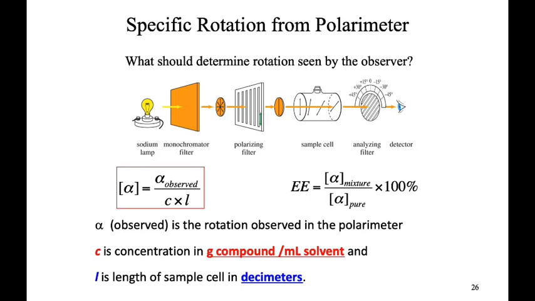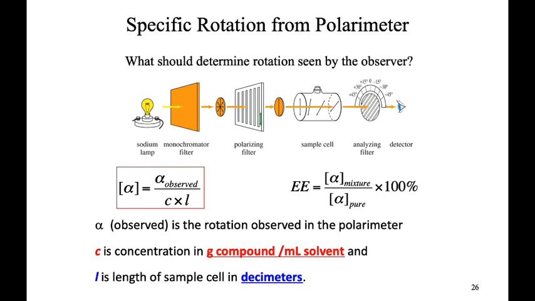Okay? Where does this come in handy? This comes in handy back to that reporting out what was my enantiomeric excess. Your enantiomeric excess is the rotation of whatever you're testing divided by the rotation if it was pure.